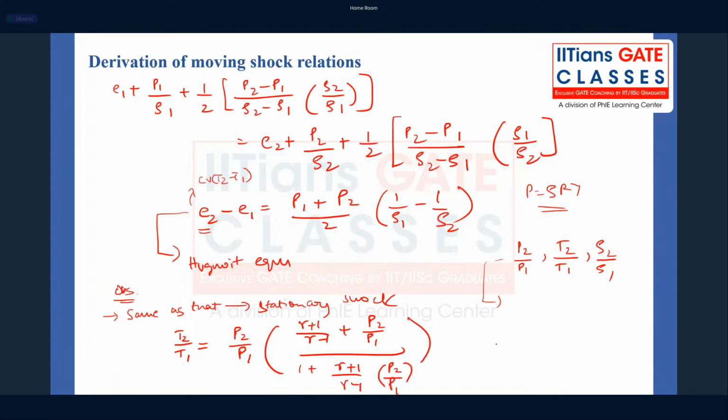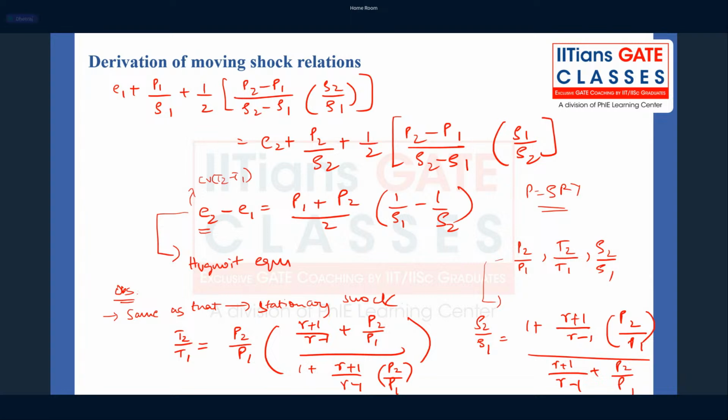Similarly, I get my rho 2 by rho 1 in terms of gamma and the pressure ratio P2 by P1.